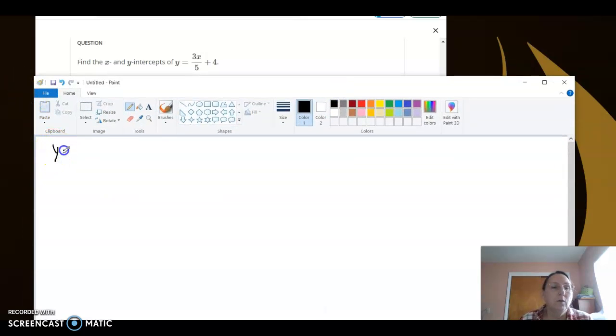So y equals 3x over 5 plus 4. My x-intercept, I'm going to abbreviate here, is going to be something, 0. And then my y-intercept is going to be 0, something.